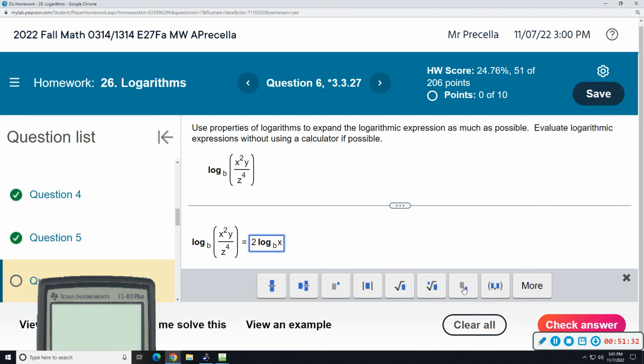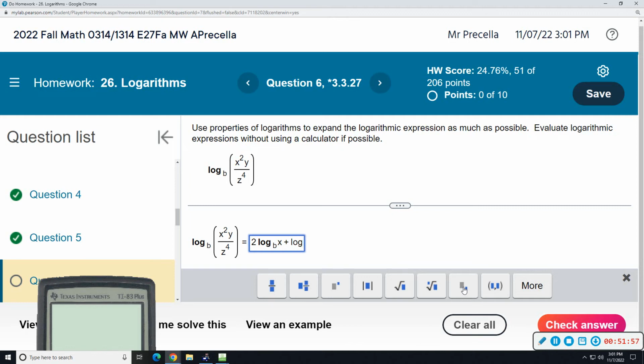Then I'll say plus, because I'm going to the Y and it's on top, so plus. There's not an exponent, so I don't put a number. Oops, no. It didn't bold.